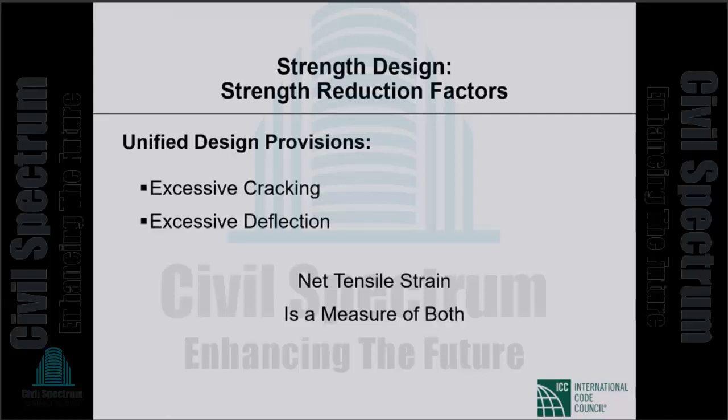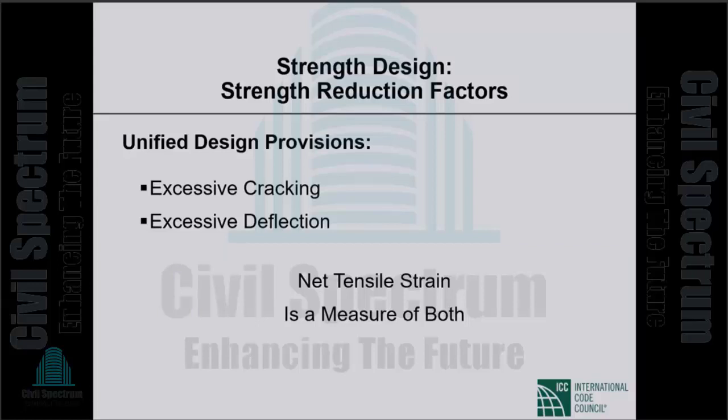Let me go one step back. A properly designed concrete member should give you warning of failure. It should not fail all of a sudden. This is why we limit the amount of tension reinforcement in a concrete member, to have warning of failure. The warning comes in the form of cracking and deflection.